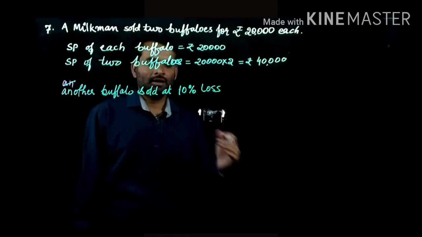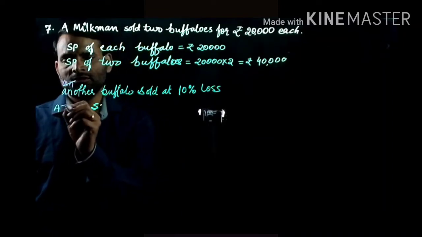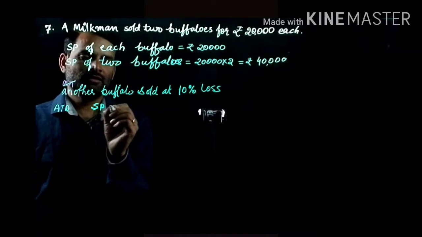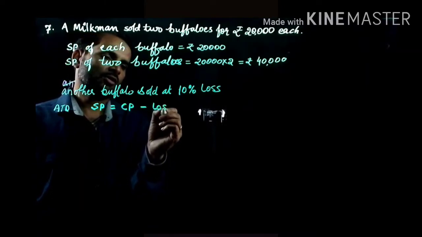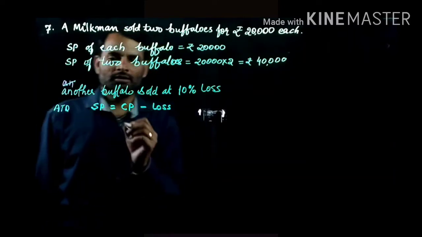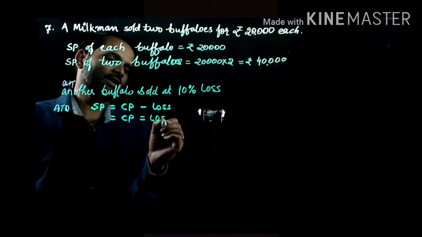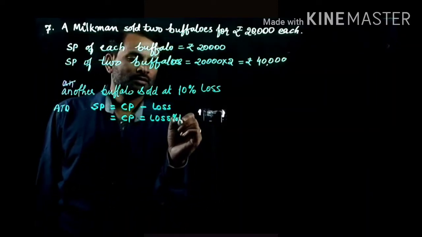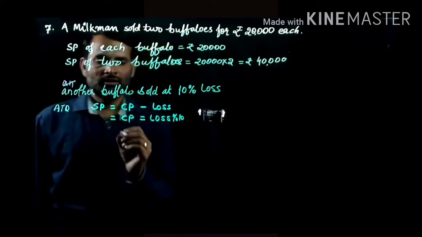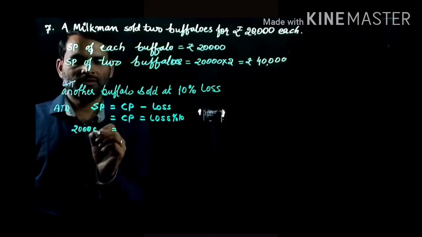Now SP is equal to, according to the question, SP is equal to CP minus loss. And it is given that the loss percentage is 10%. So write, the SP is again 20,000.